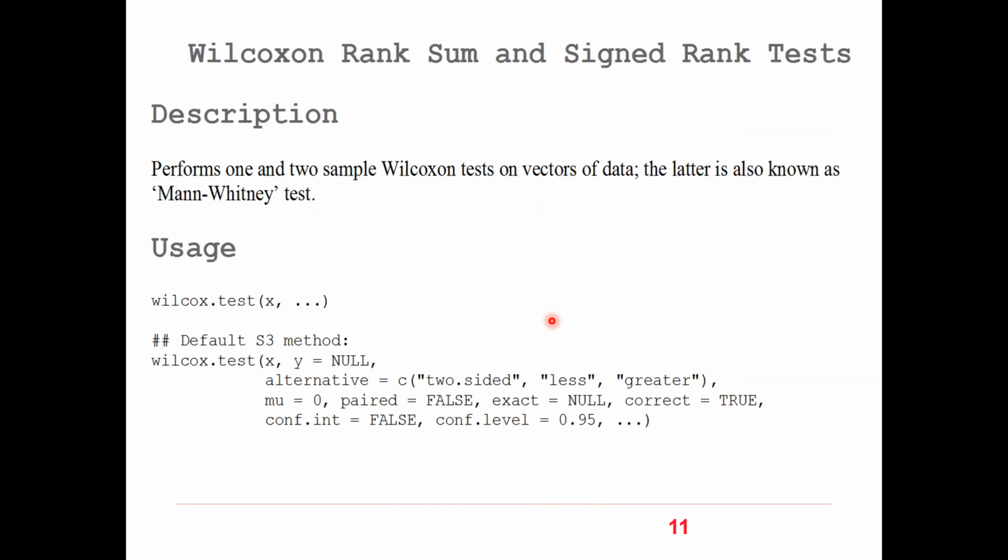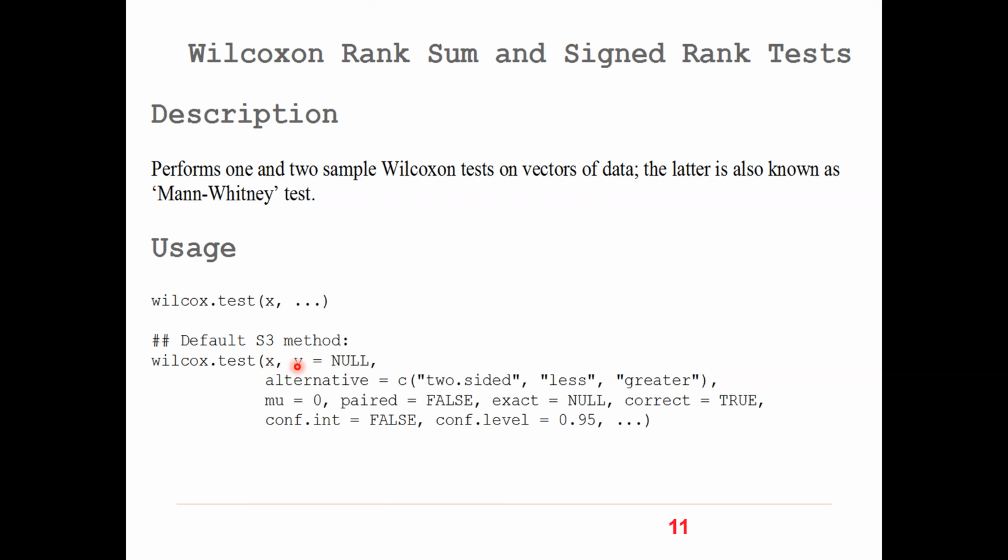All right. And here is more introduction to wilcox.test in R. We can define one sample or two samples. If we define the second sample as NULL, or we simply skip it here, then that would be a test for a single sample.